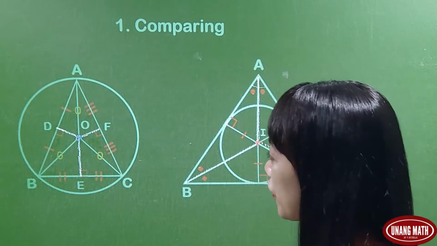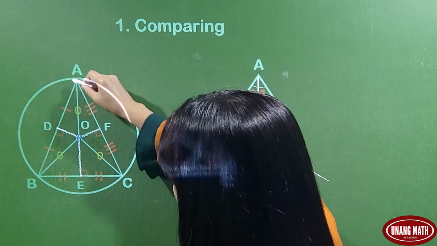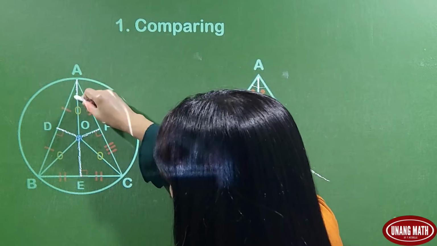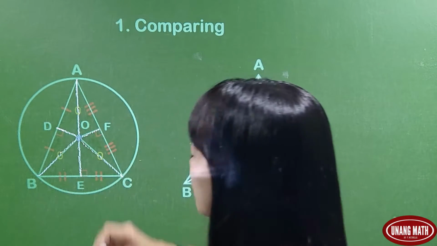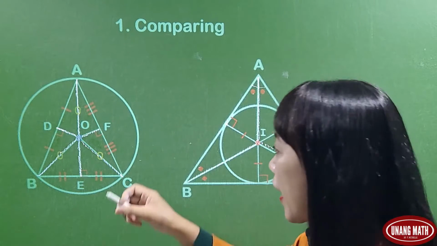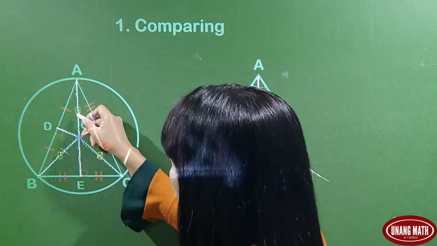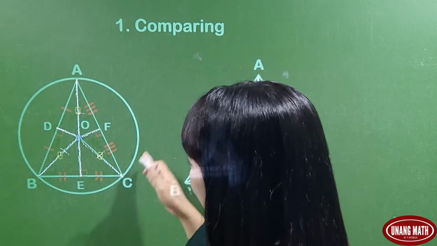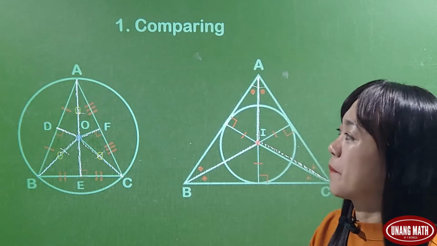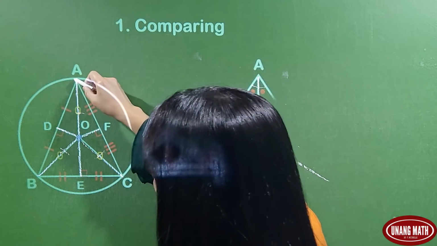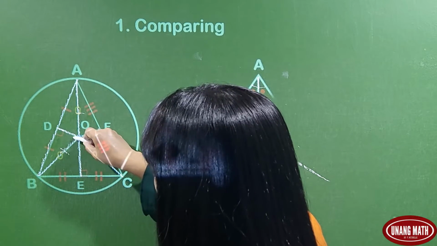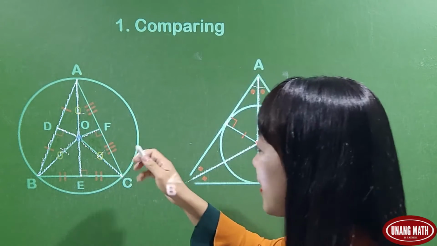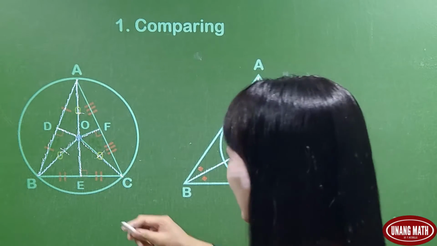In this figure, from this vertex to our circumcenter, these are actually equal in length because these are the radius of this circumcircle. So, considering this triangle ABO, this is an isosceles triangle.